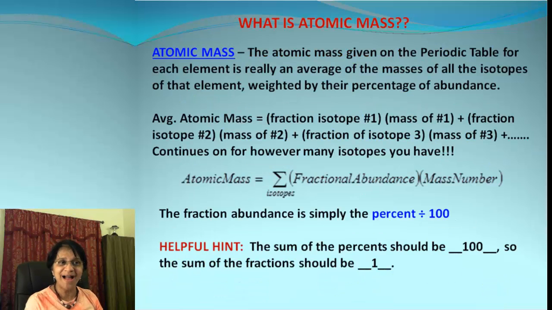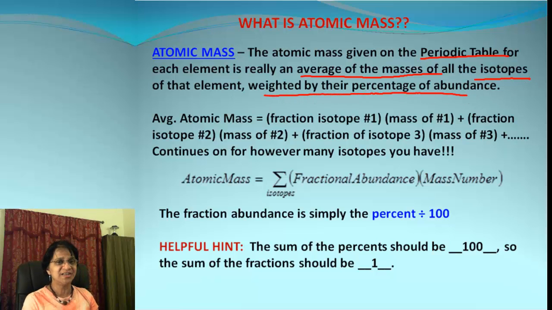So what is atomic mass and how do you find that out? Atomic mass is the one which is listed in the periodic table. And it is in fact the average of the masses of all the isotopes weighted by their percentage abundance. How do we calculate that? It is simply the sum total of the product of the fractional abundance times the mass of each isotope.